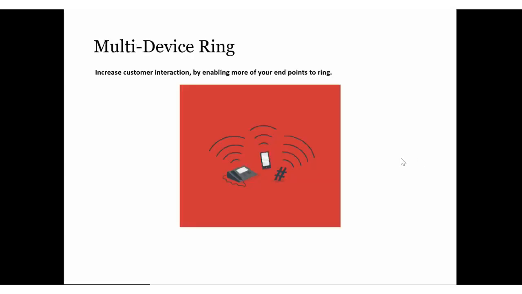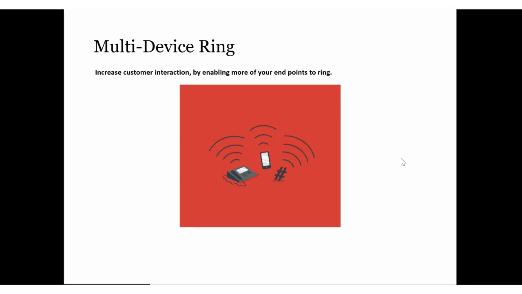The other feature that we'll touch on is the multi-device ring. Again, it is about increasing customer interaction. With this feature, it's all about enabling some of your endpoints, whether that's your physical phone, your mobile phone, or even an external number, to ring.